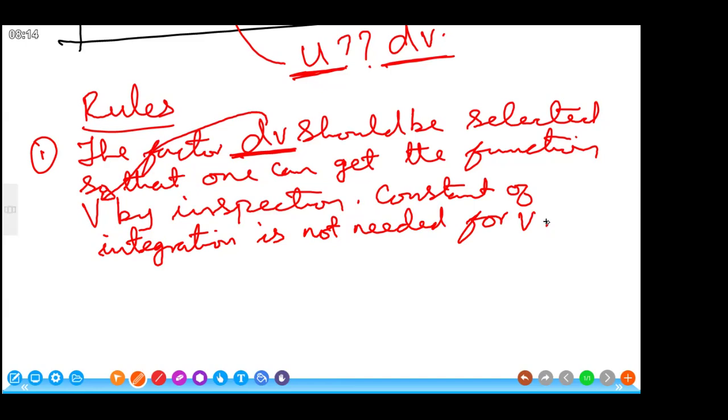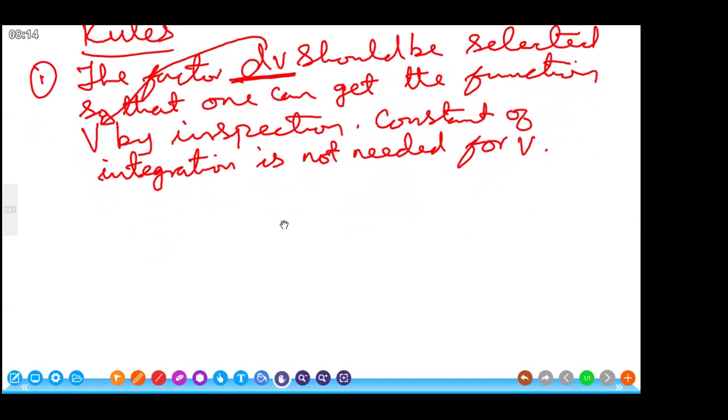That means we don't consider a constant along with dv. So keep that constant away. Right. So now we have identified dv first, then there are no other options, identifying the second component as u.